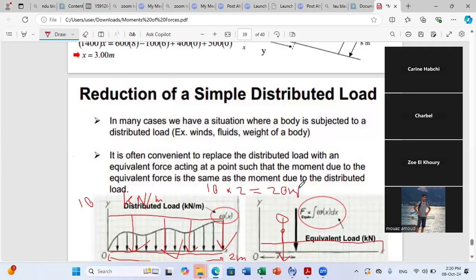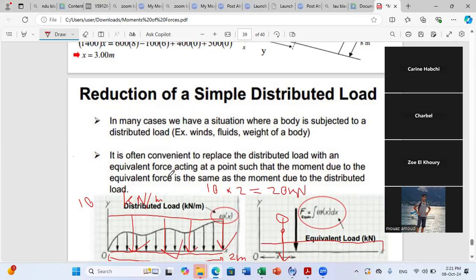But I should ask myself, where should I put this force? Okay, and if I want to reduce my system to a single force, where should I put this force? Here, why it's simple? Because I have a symmetrical case. If I have a symmetrical case, then the force should be just at the middle.